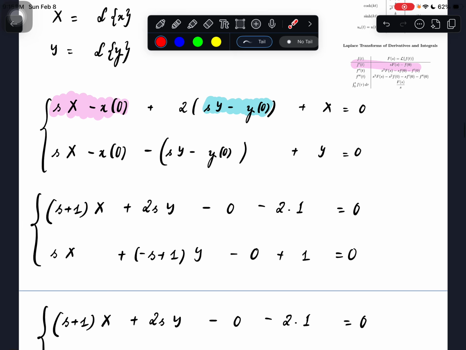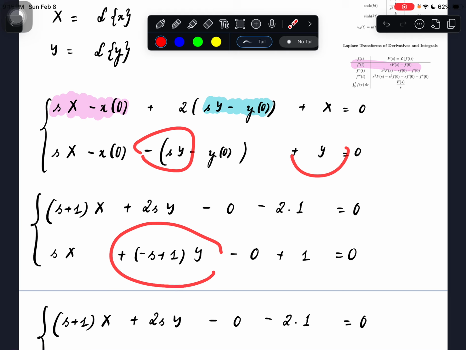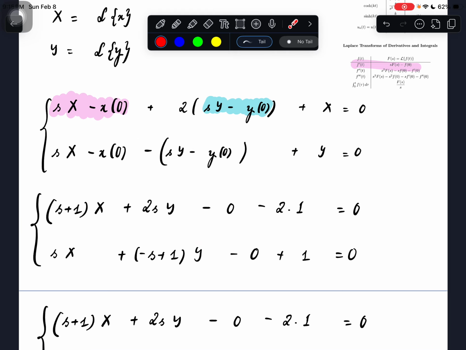So that's the first equation. The second one is S times X minus S times Y plus Y, so minus S plus 1 times Y, minus 0 and plus 1.